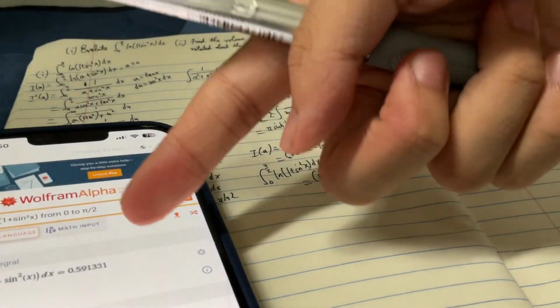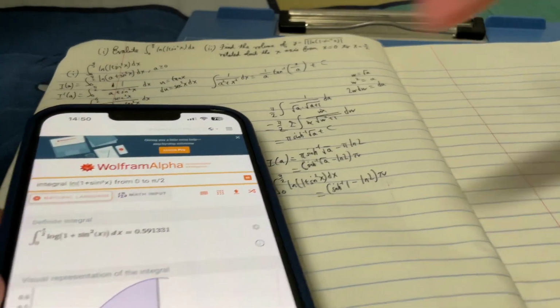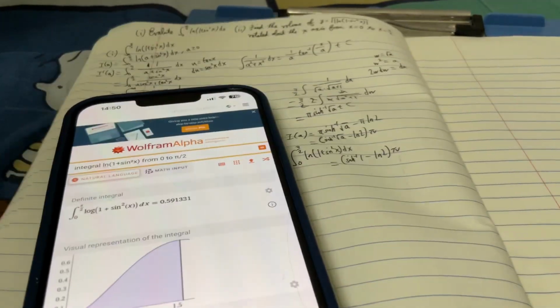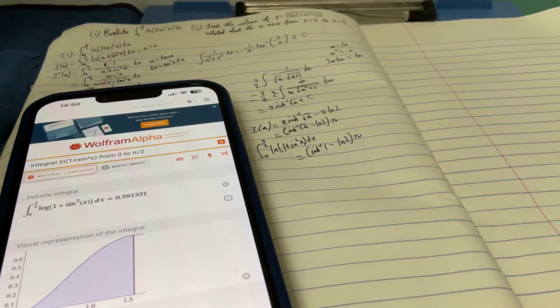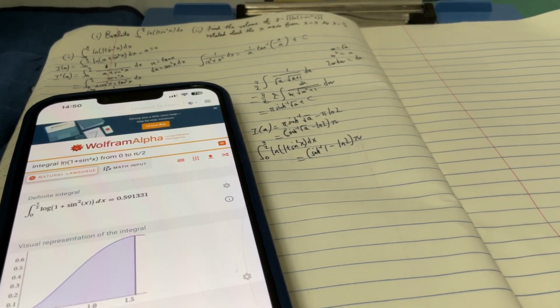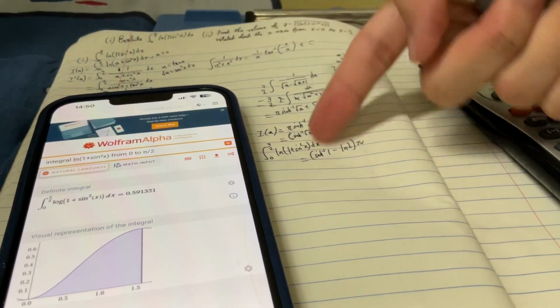You get 0.591, and Wolfram Alpha cannot give you the exact value. So let me just figure out the value of this.